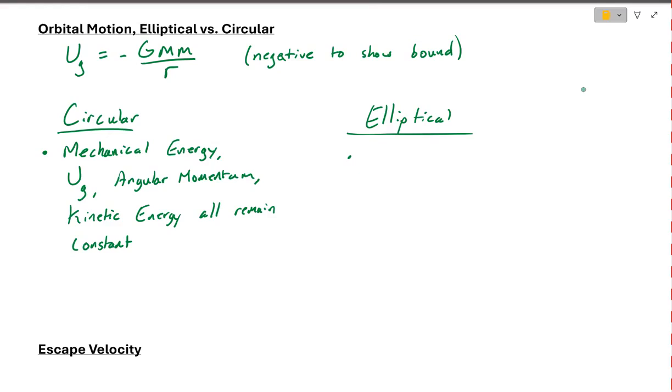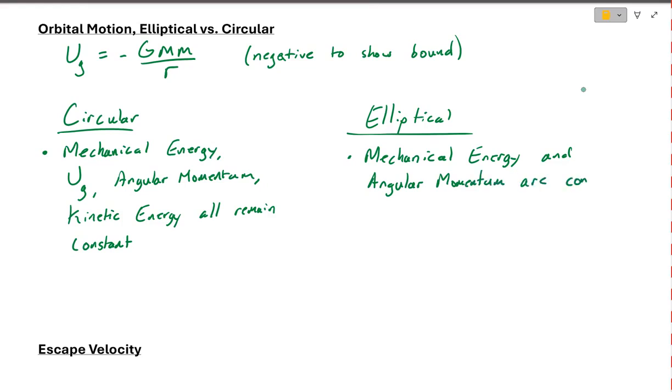So in terms of mechanical energy, is that going to stay the same? Yeah. Mechanical energy stays the same. And if there's no outside work being done, are there any outside torques acting on the system? No. Which means angular momentum is also constant. And we'll come back to that one in just a minute.